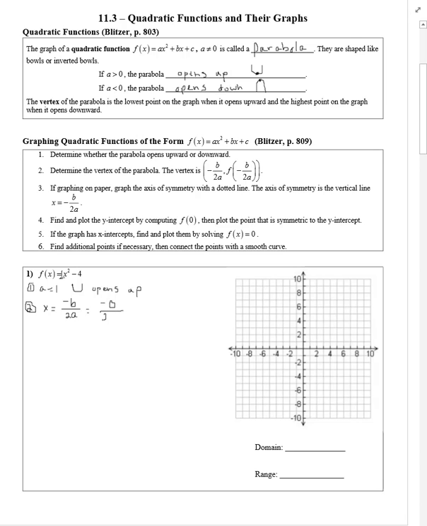So we have negative 0 over 2 times 1, which is 0. Now that we have the x-coordinate of the vertex, we need to find the y-coordinate. So to find the y-coordinate, we just plug the x-coordinate in. So we have 0 squared minus 4 equals negative 4. So our vertex is the point 0, negative 4.